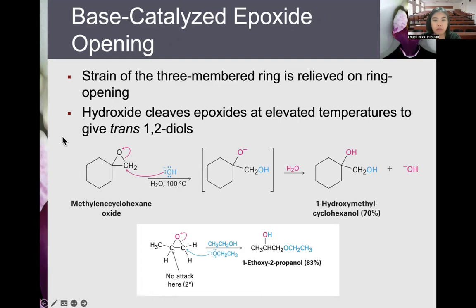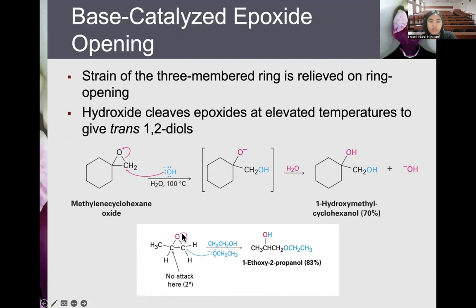So this is an example. You have a 1,2-epoxypropane. This is propane, only three carbons.